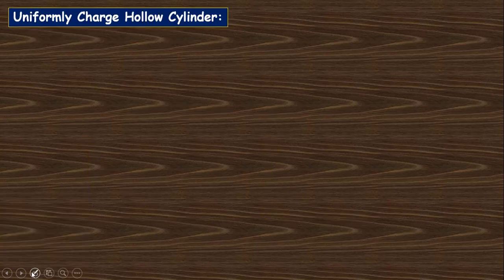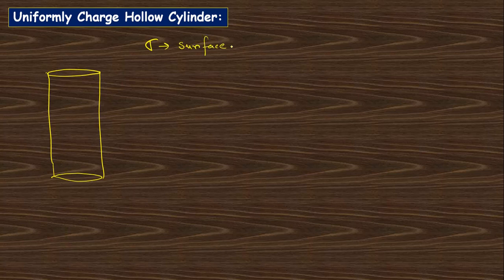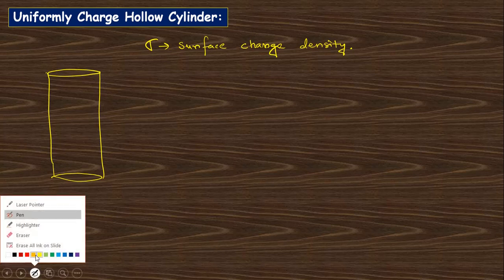Go to the next discussion problem, that is the uniformly charged hollow cylinder. That means there is a hollow cylinder and the charge is on this surface. So sigma can be taken as the surface charge density. Here, in the first case, we can consider the inside point.